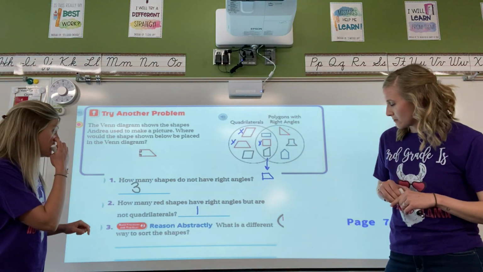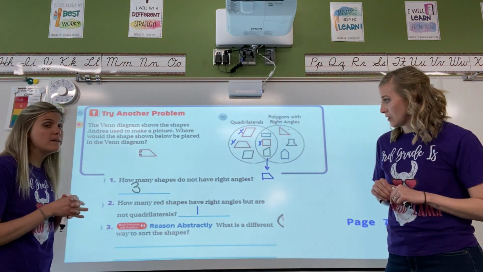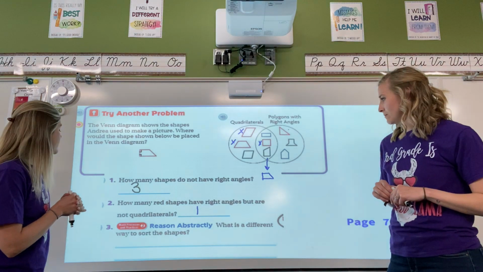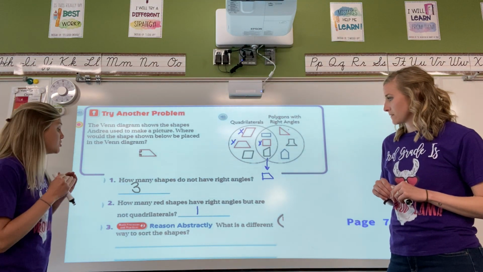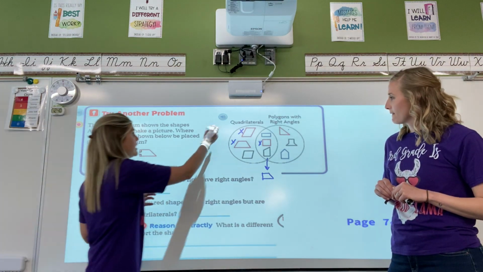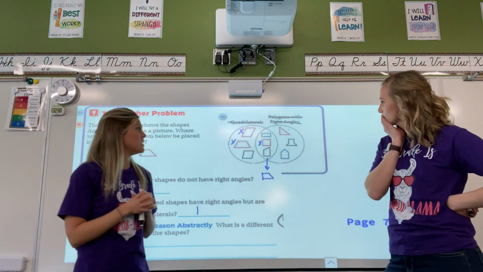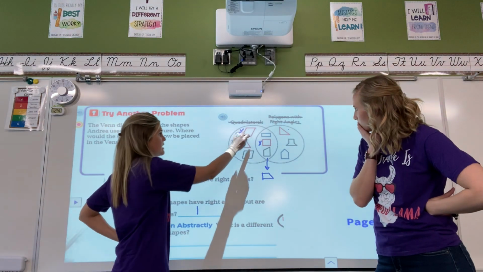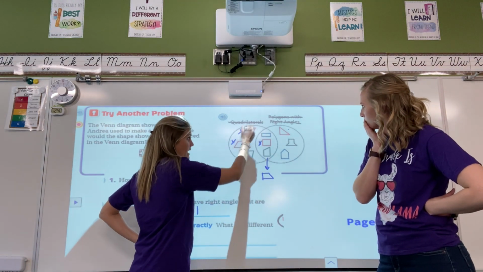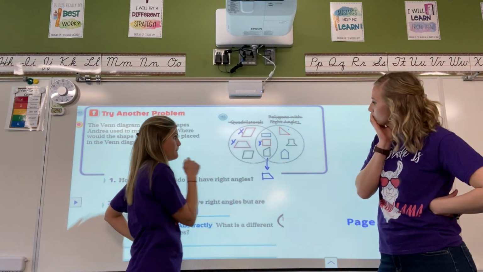All right, number 3, it says reason abstractly. So this might be a difficult one. What is a different way to sort the shapes? So I want to get rid of these titles. How else could I sort them? Well, I want to see what all of these shapes have in common.